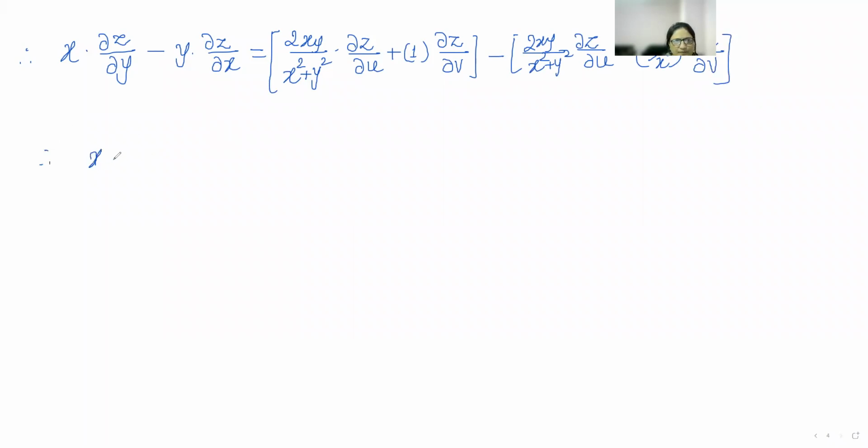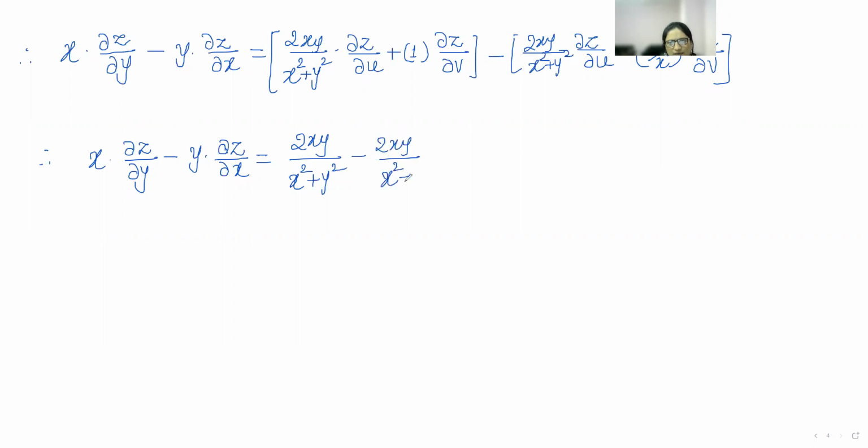Simplifying the terms, x into dou z by dou y minus y into dou z by dou x is equal to 2xy divided by x square plus y square minus 2xy divided by x square plus y square, into dou z by dou u, plus in bracket 1, minus into minus becomes plus, 1 plus y square divided by x square into dou z by dou v.